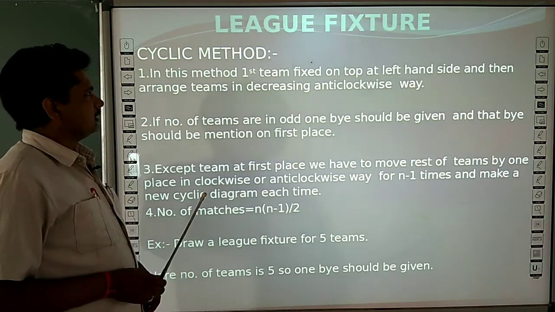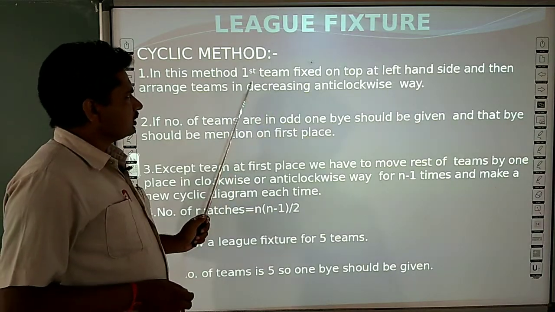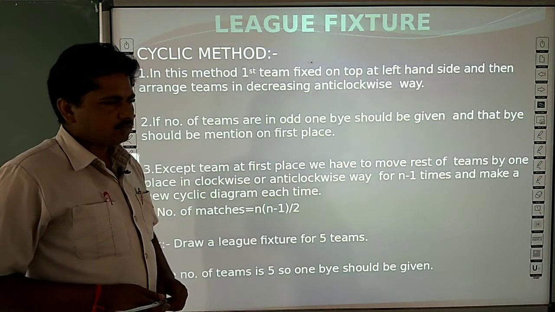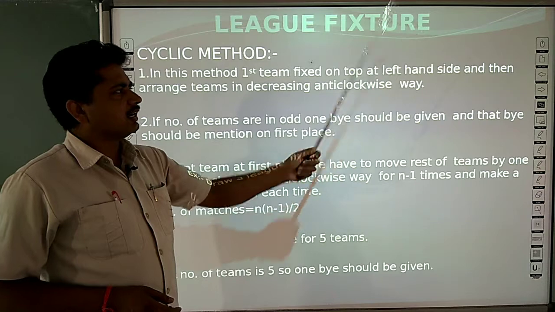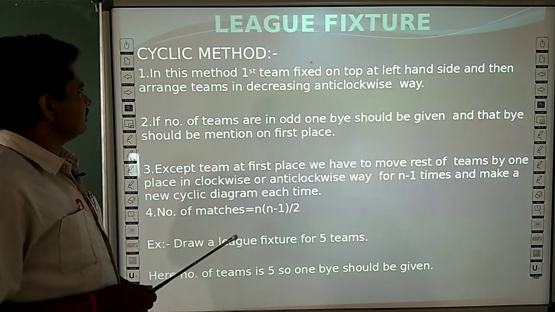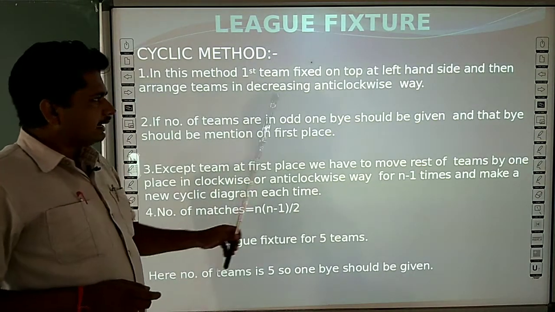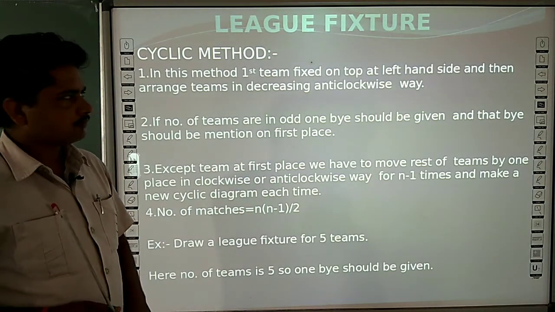For the cyclic method, first of all we have to fix the first team at the left hand side of the fixture and then arrange the teams in decreasing order in an anti-clockwise way. Okay?